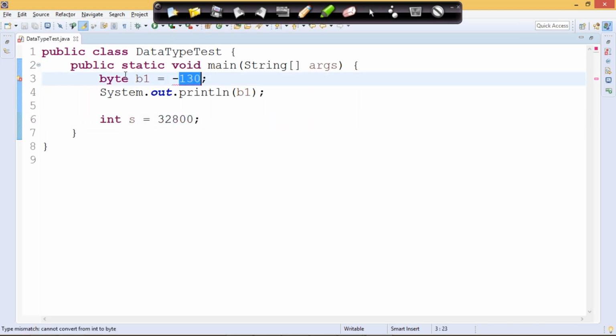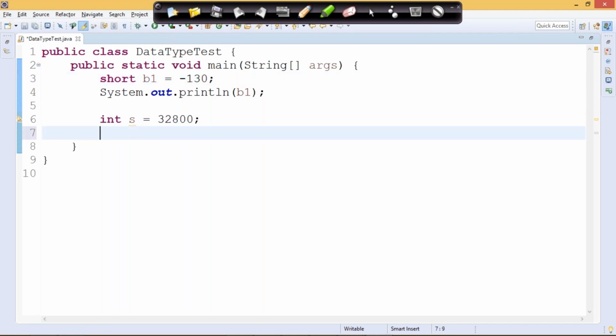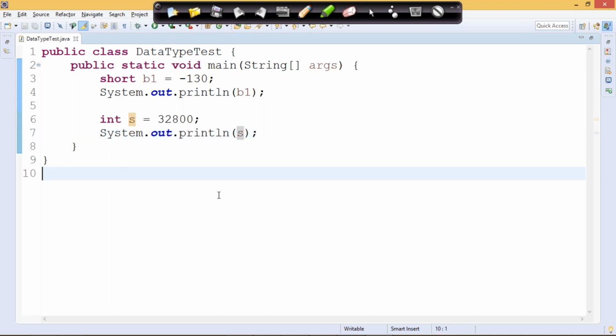Here to store 130, you should use a bigger bucket than byte, called short. Now understood? You got it now? This is very basic about data types and range of values.